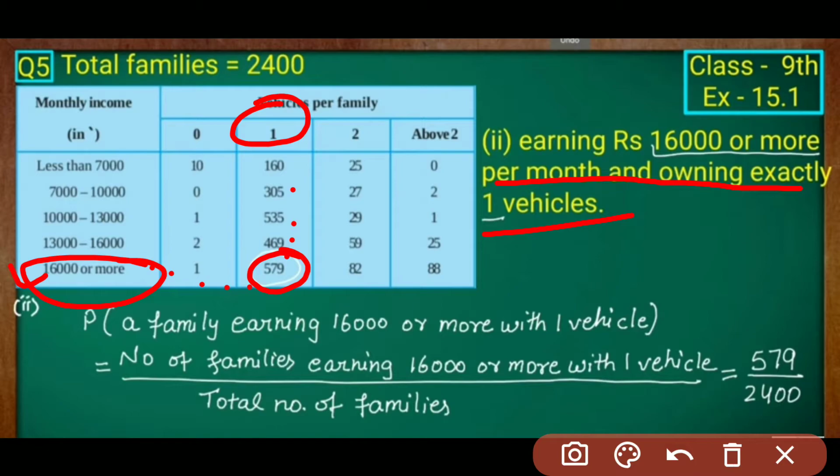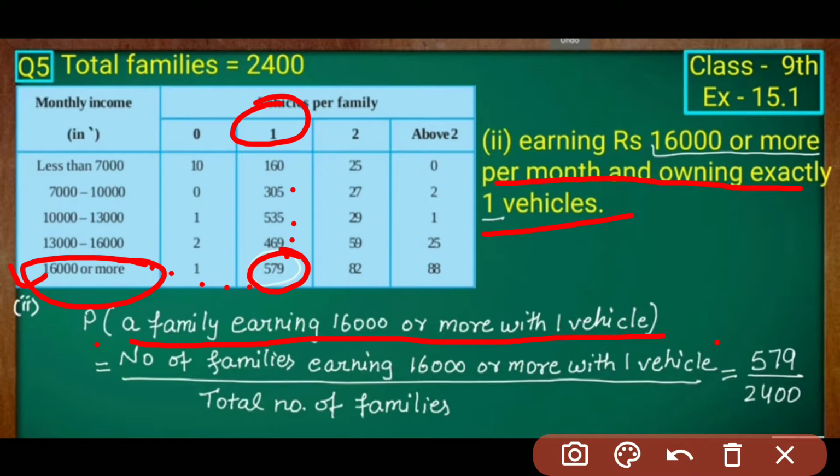So the probability for a family earning 16,000 or more with one vehicle is the number of families having 16,000 or more and one vehicle divided by total number of families, that is 579 divided by 2400.